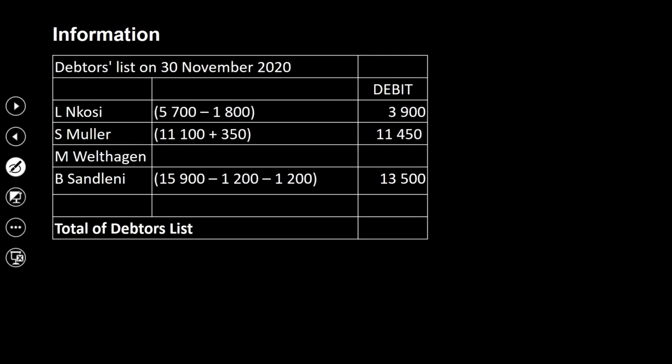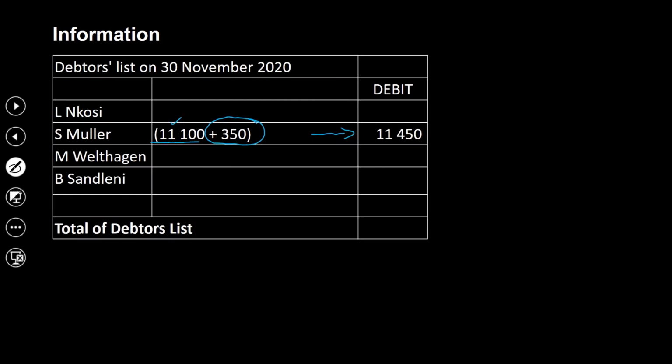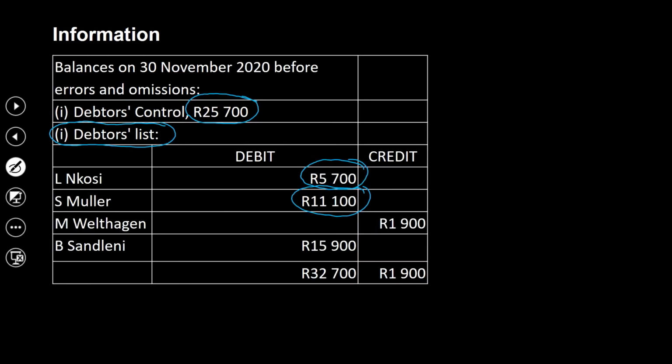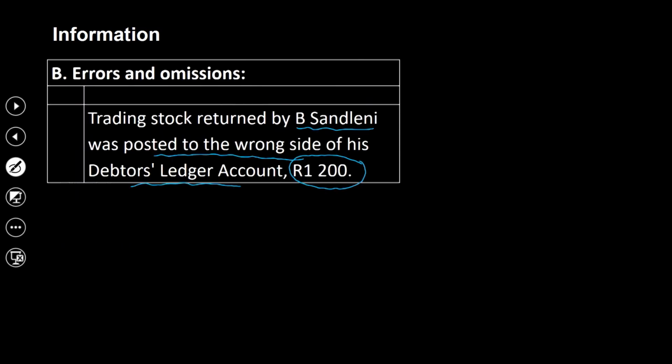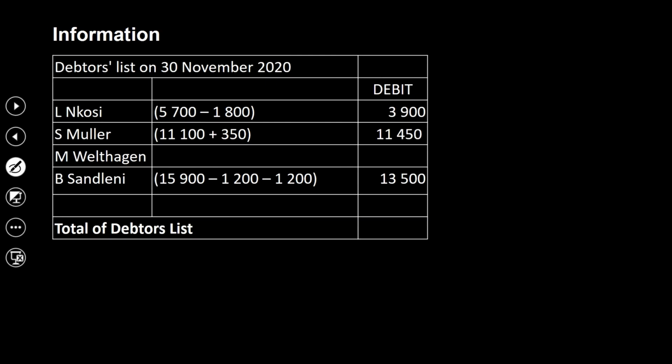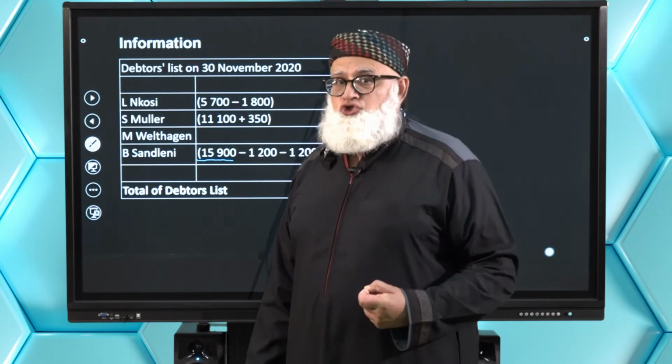Okay, here we go. Sandleni, first, let's get the opening balance from the given information. Sandleni has an opening balance, a debit balance of 15,900. Therefore, we start off with the 15,900 as my opening balance. Now, Sandleni had returned goods to us.